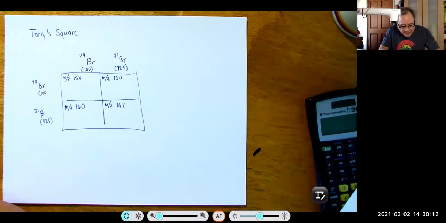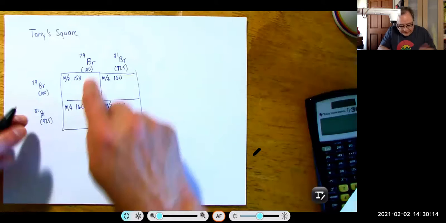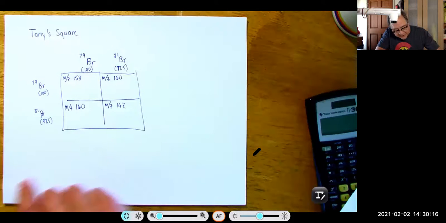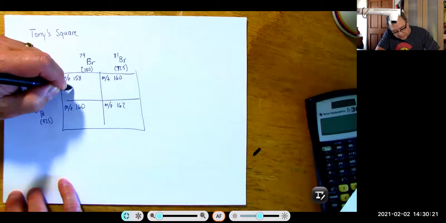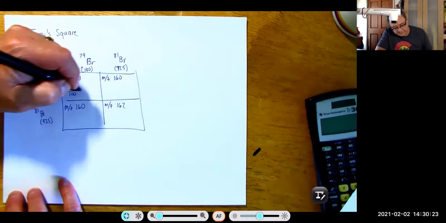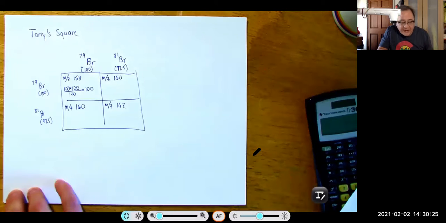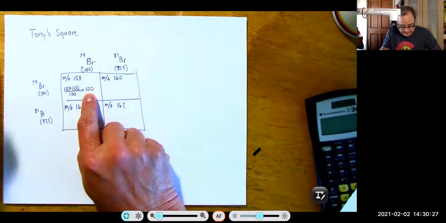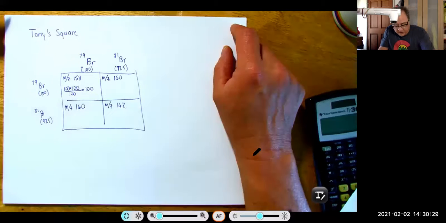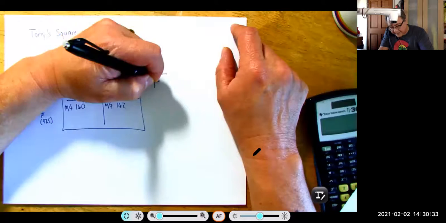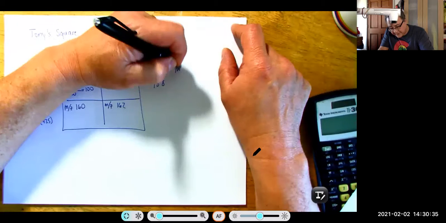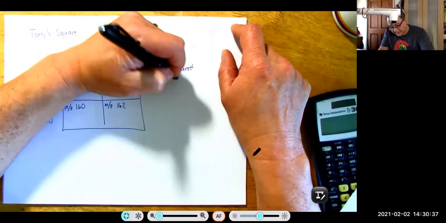To find out the likelihood of each one of these, we multiply these numbers together and divide by 100. So this is going to be a relative intensity. Our mass to charge ratio of 158 is going to have an intensity of 100.